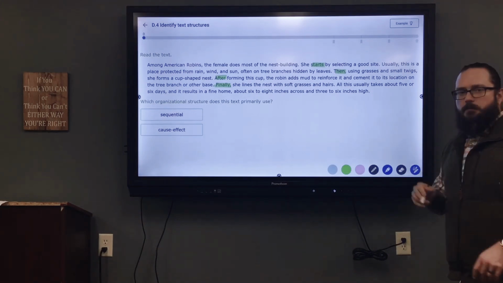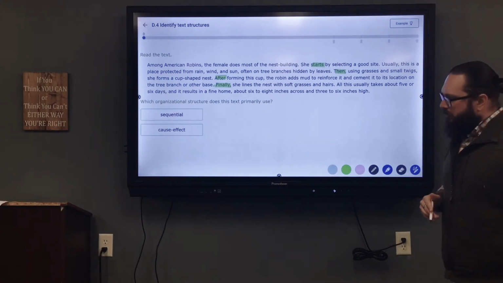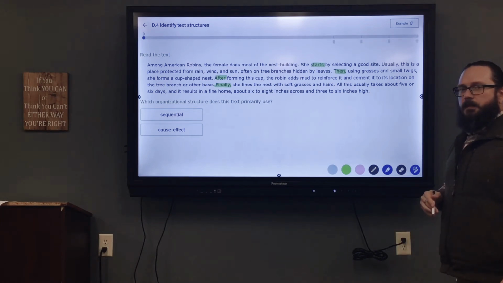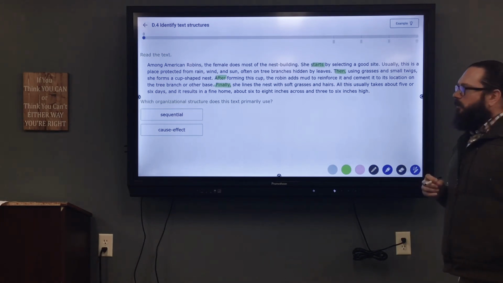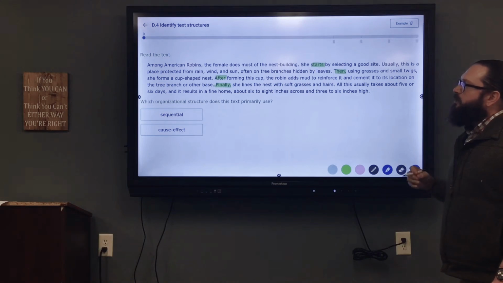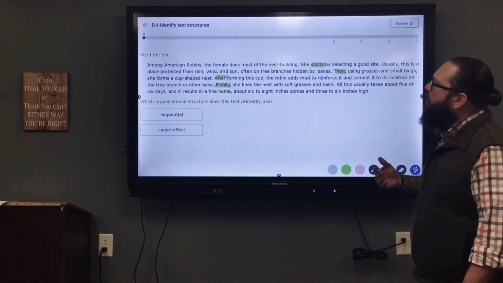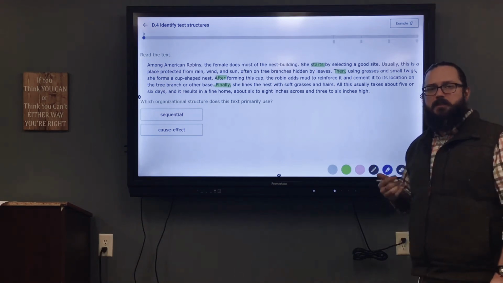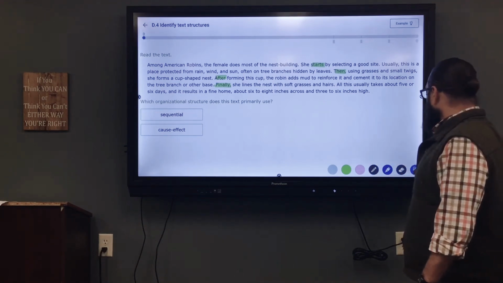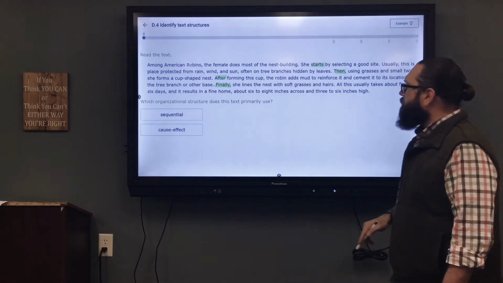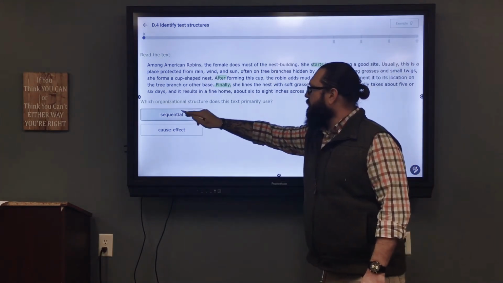Does that describe sequential or cause and effect? In this particular example, the author is using the sequential structure to explain how a female robin builds a nest. Therefore, we can conclude that sequential is the correct structure.